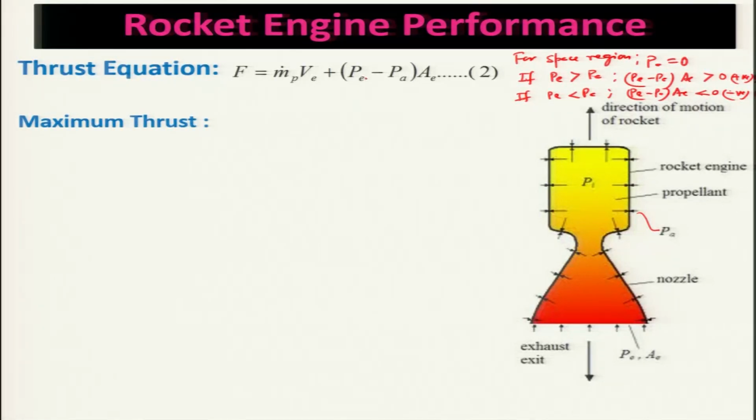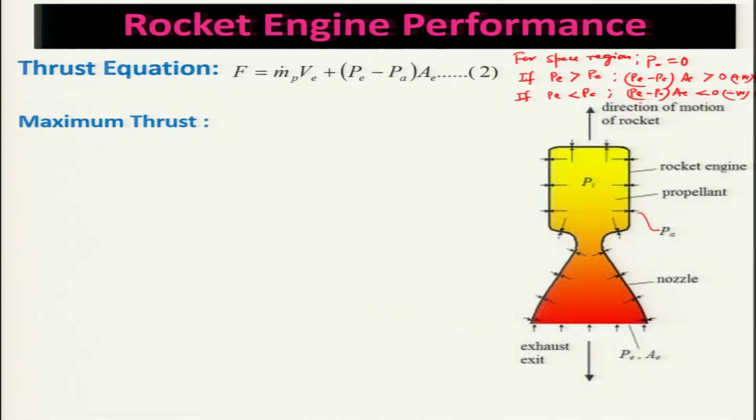because when expansion is taking place, the extent of expansion will also affect the momentum flux, since V E will be changing. V E depends on the extent of exit pressure; both are related. So, it is very important to look at which term is playing an important role and under what condition it can be maximum.